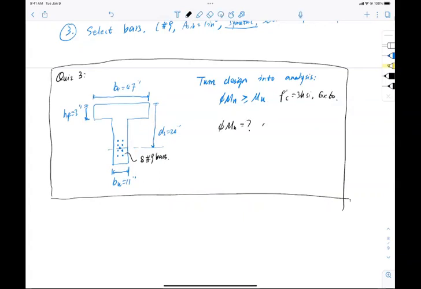And I need you to check if phi MN is greater or equal to MU, that is 533 kip-foot. So this is quiz number 3.